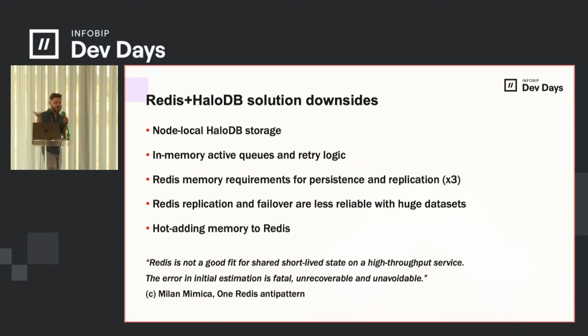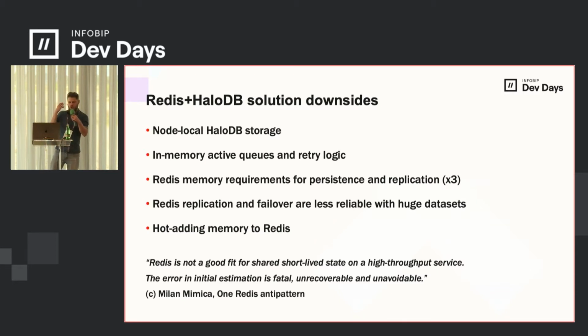Okay, this solution had some downsides. For example, HaloDB embedded storage was node local, and for communicating with Redis, we had some in-memory queues in order to process the messages in order, and also retry logic was in memory.